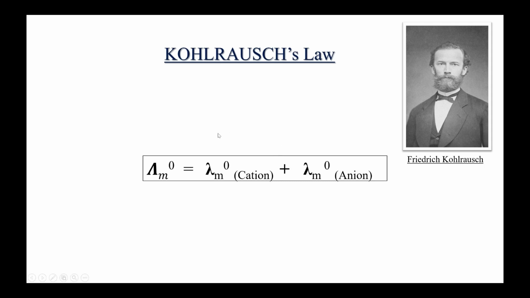It means these ions are the contributors to the total value of molar conductance of an electrolyte. That's why it is also called the law of independent migration of ions. These ions act independently in contributing to the conductance when they are diluted to infinity.